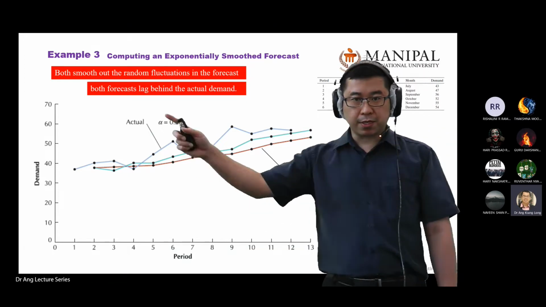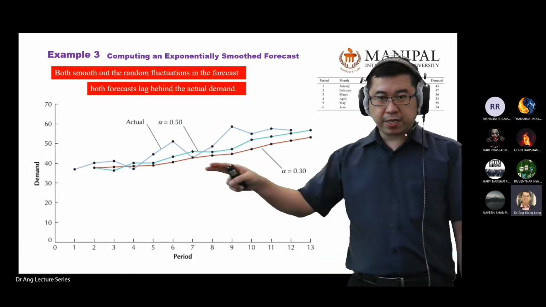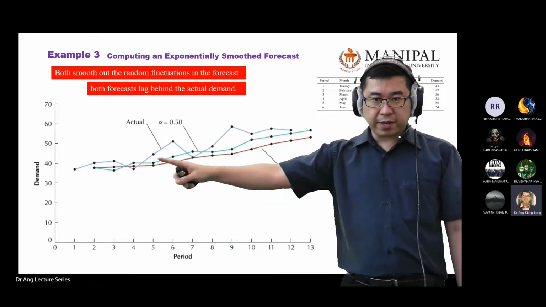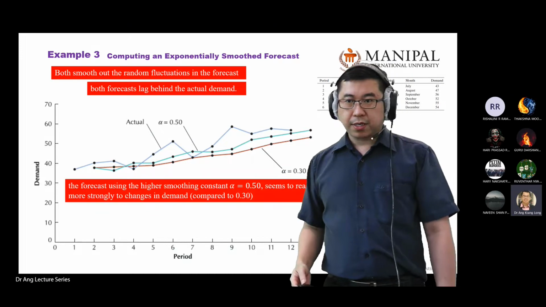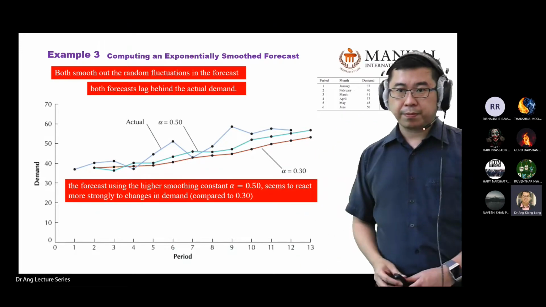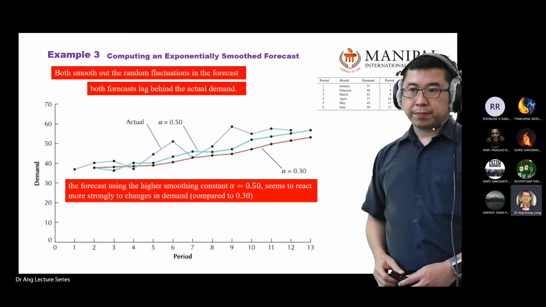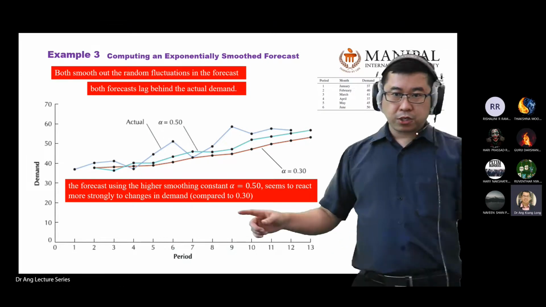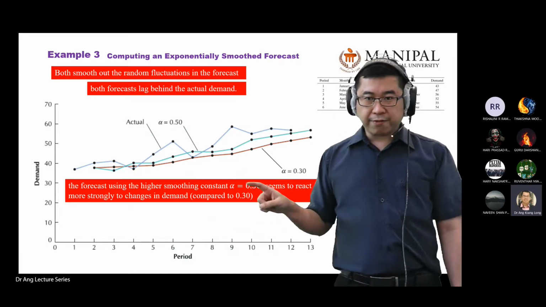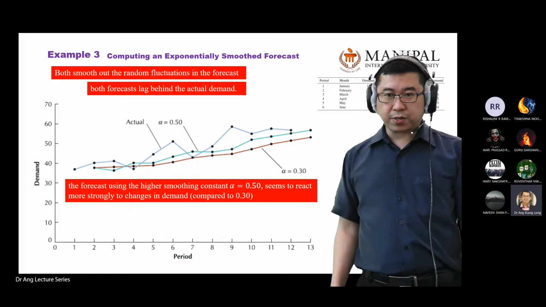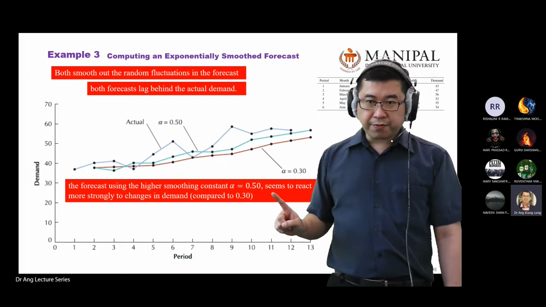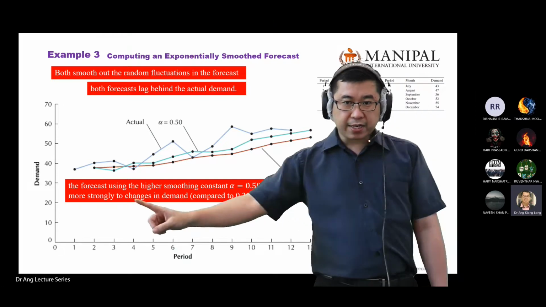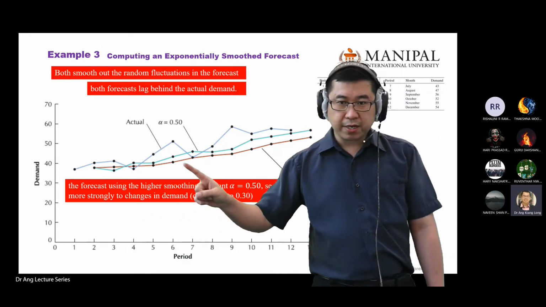So here you can see the smoothing effect. It removes the peaks or the fluctuation. If you increase your alpha constant to 0.5, it reacts strongly to the change of demand.